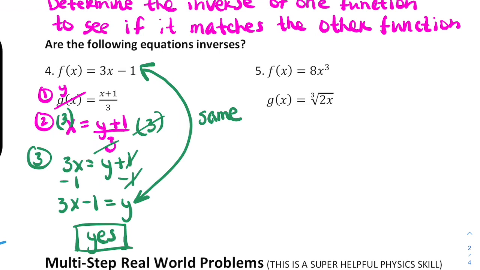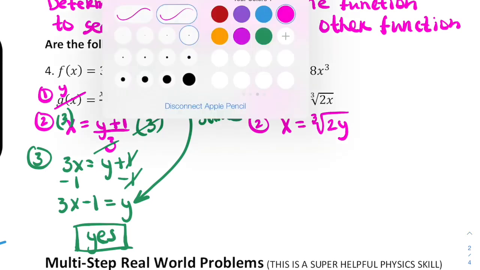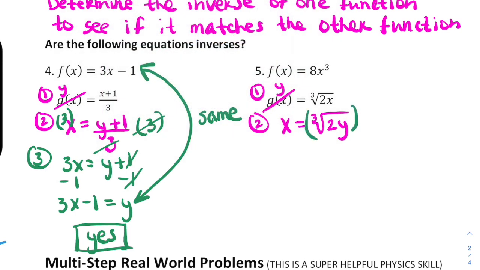Okay, so let's go ahead and go through our steps. Step number 1, I was using pink for that, is just cross it out and make it a y. Step 2 is to switch x and y. So we're going to have cubed root of 2y. How do we get rid of a cubed root? By cubing.